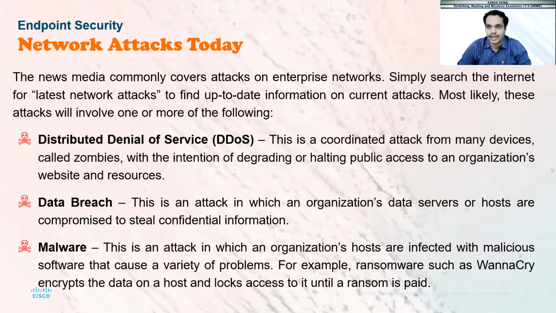You will see a screen showing that all your data has been locked, so please pay so and so money in the form of Bitcoin only. Then you will be given a public key to decrypt your data. That is one variant of malware. There are many other ones, including spyware and adware. As I said, one of the most troublesome is ransomware.